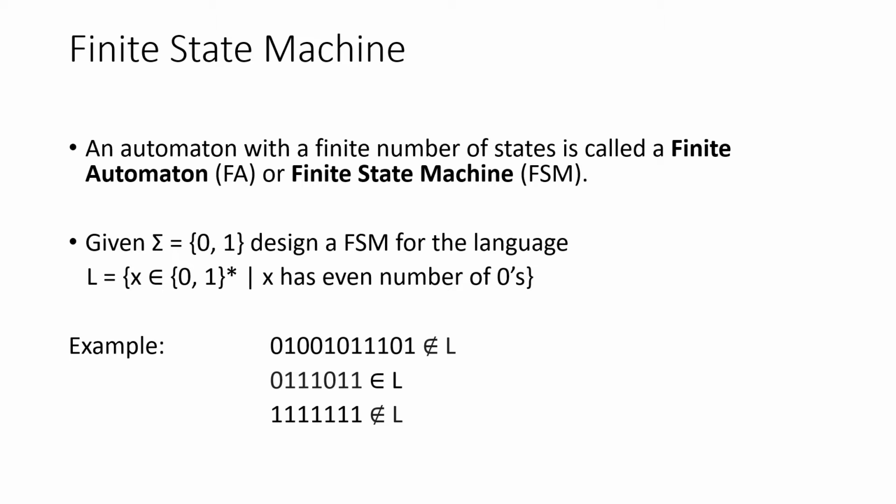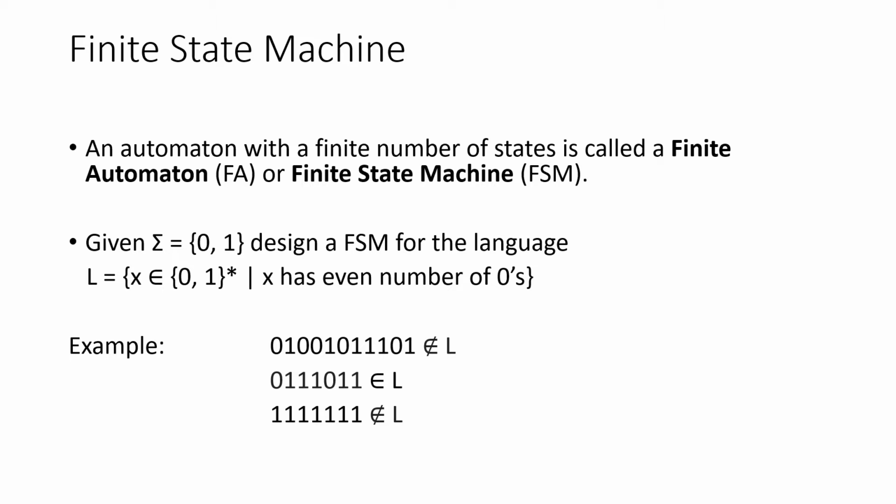Now, let's take an example to realize what a finite automaton is and how it works. Suppose there is an alphabet sigma whose symbols are 0 and 1, and we want to design a finite state machine that will accept all the strings x made of 0 and 1, any combination.